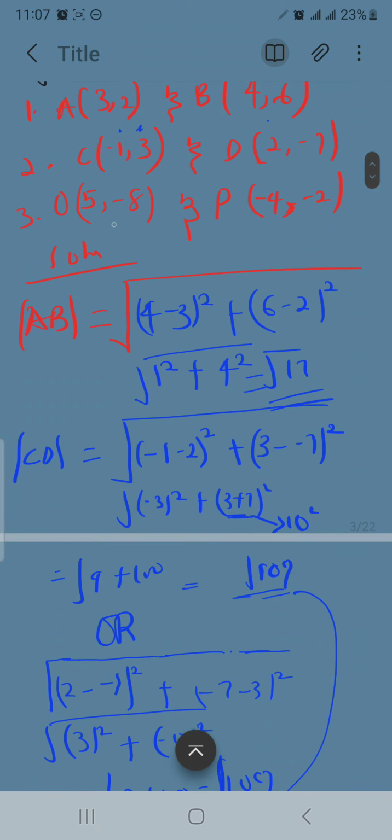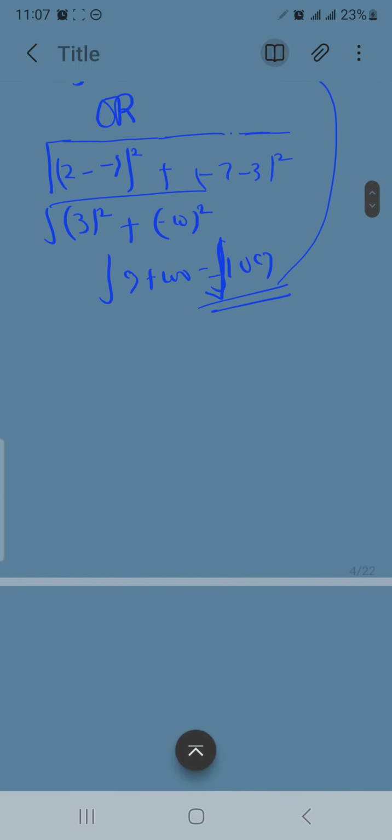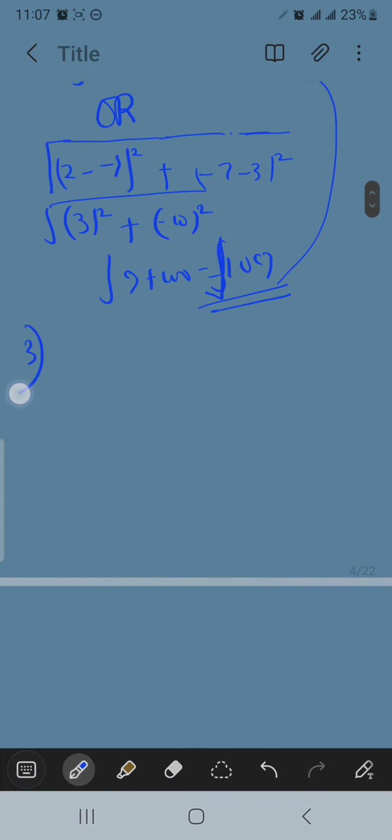The last one, we have O (5, -8) and P (-4, -2). So now I want to do the last one, number 3. I have line OP equals (5, -8).